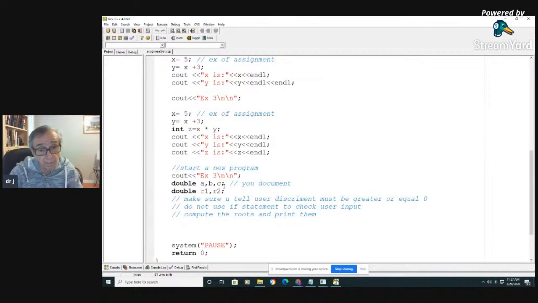And I said not to use an if statement, trust the data. So I'm trusting that there are solutions. So let's take an example of something that we know there are solutions to. If we do x minus 2 times x plus 1, what do we get? x squared minus 2x plus x is minus x minus 2. So minus x minus 2 would work.